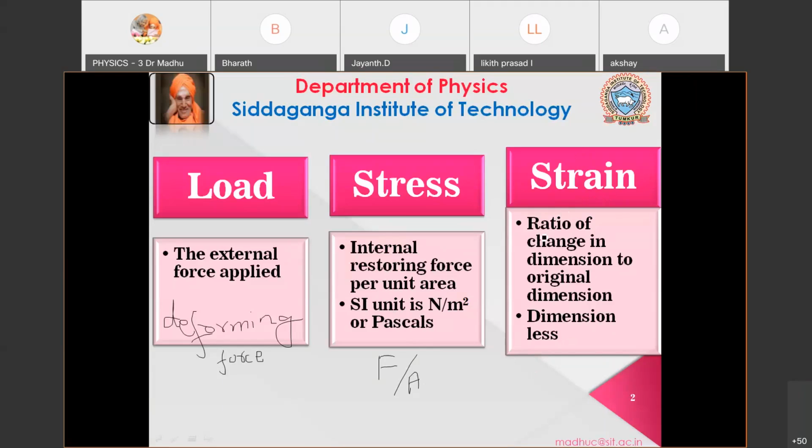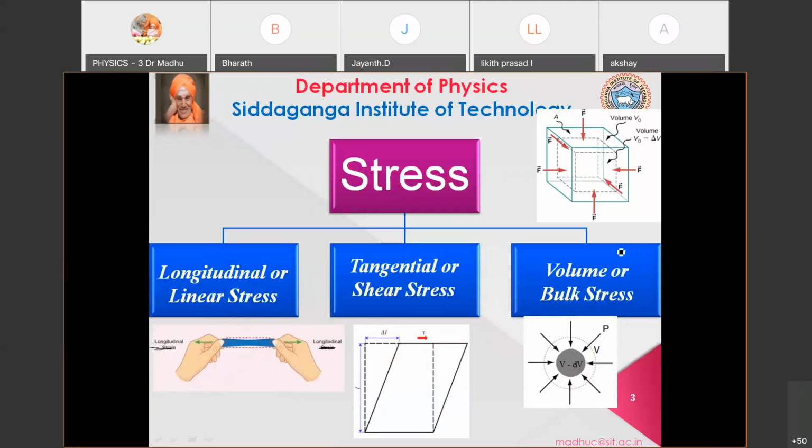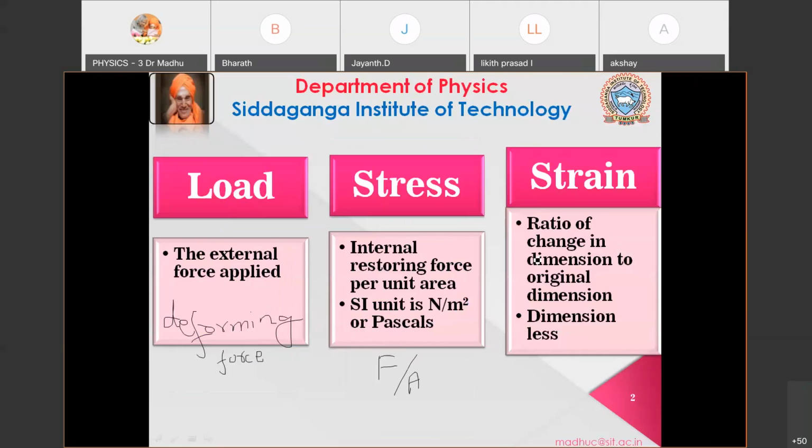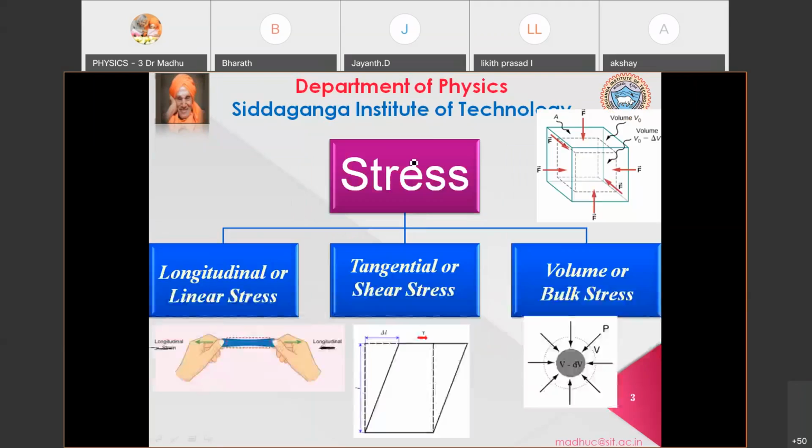So this is your strain, and based on what kind of force you are applying, you can have different kinds of stress and different kinds of strain. There are many types of stress, but the very basic ones are longitudinal or linear stress, then the second one is tangential or shearing stress, and the last one is volume or bulk stress.